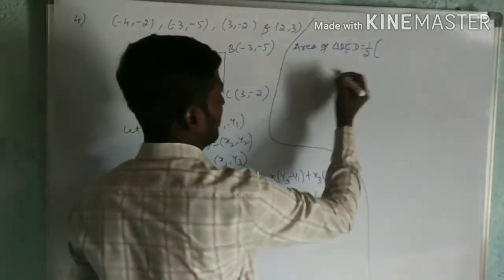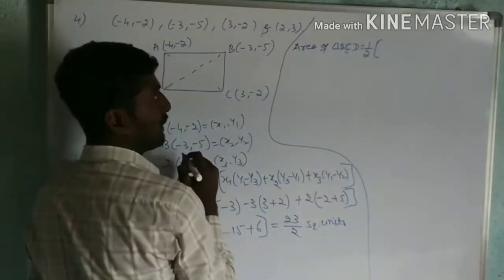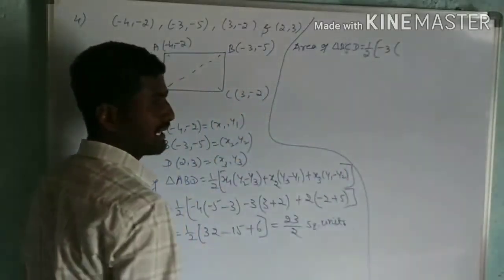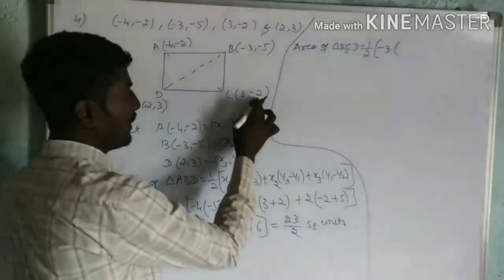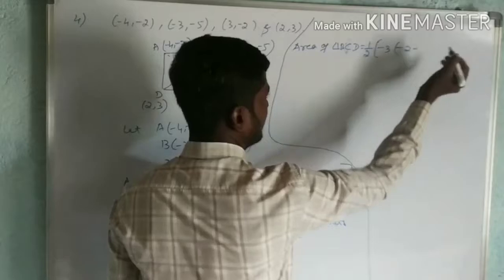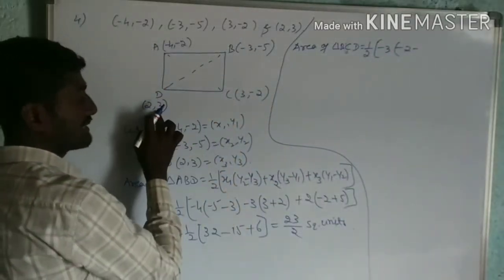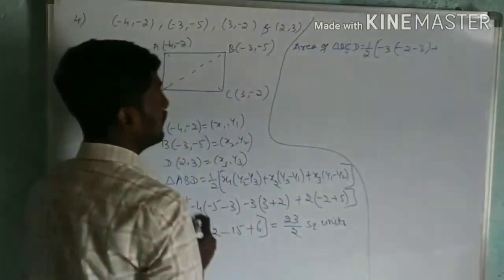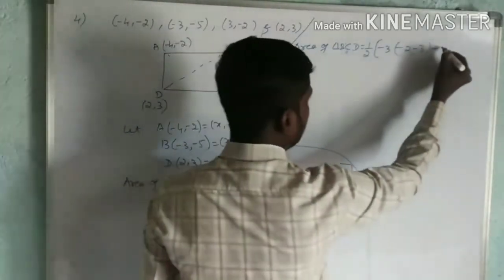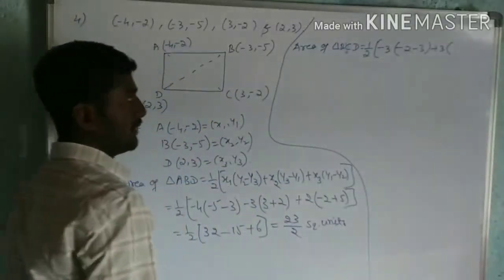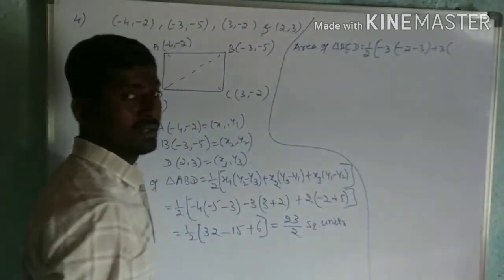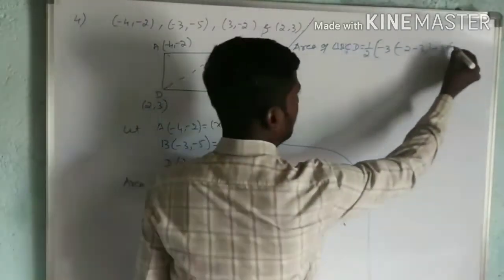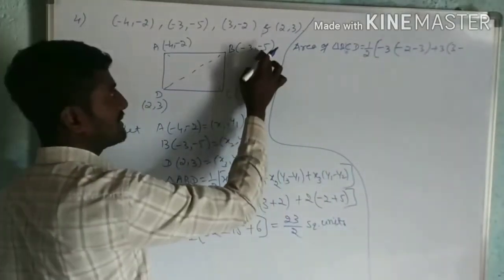Now x1 y1, first one is x1 into y2 minus y3. x1 is here minus 3 into, in the bracket, y2 minus y3. y2 is minus 2 minus y3, y3 is here 3, plus x2 is here 3 into y3 minus y1. y3 is 3 minus y1, y1 is here minus 5.